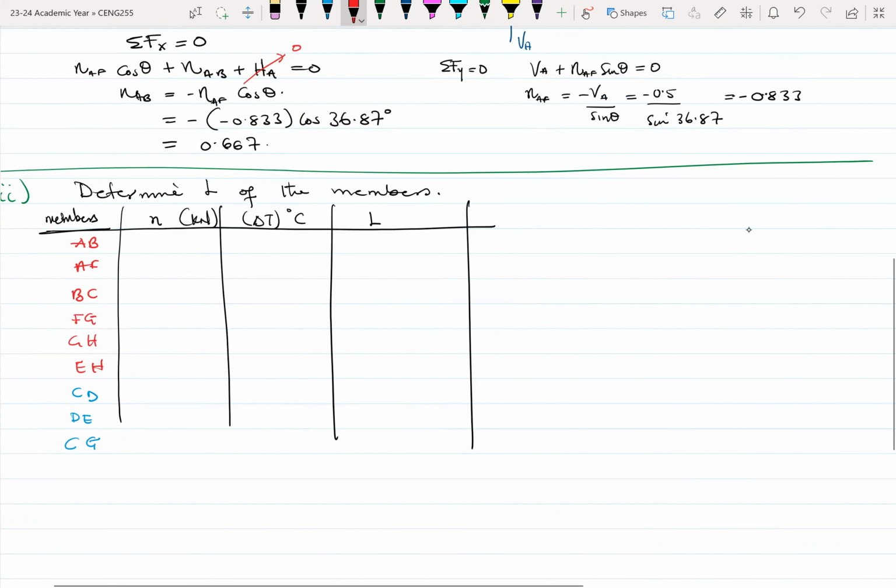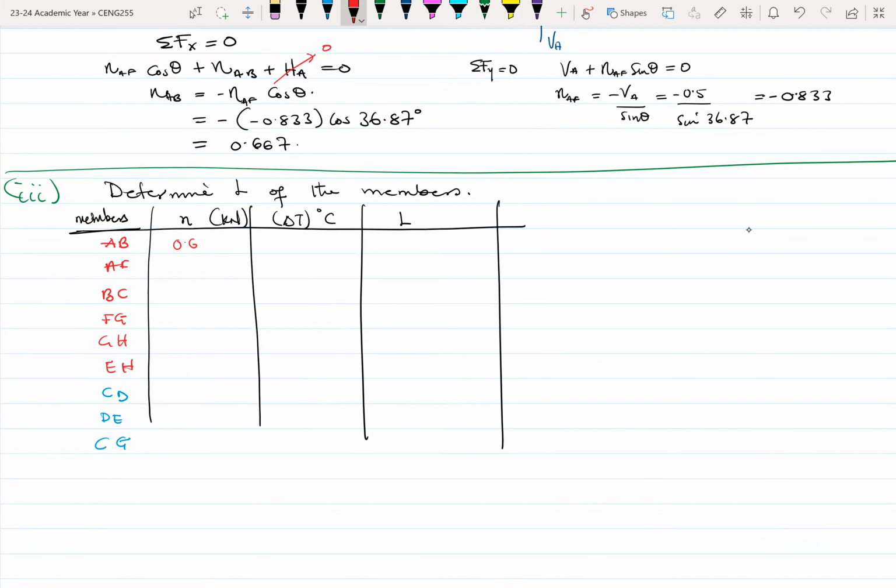So here 0.667, minus 0.833. Then again, this is 0.667, sorry, and then minus 0.833. Normally, your answers are always in three significant figures, right?